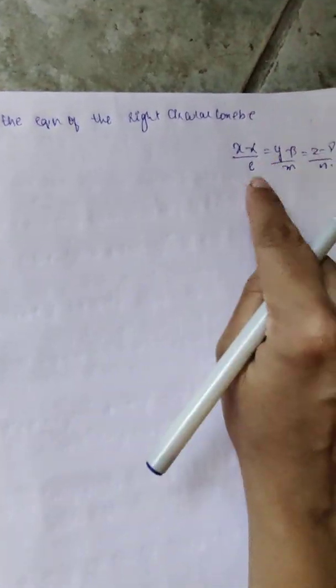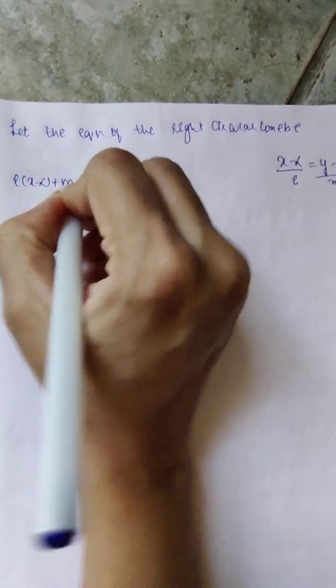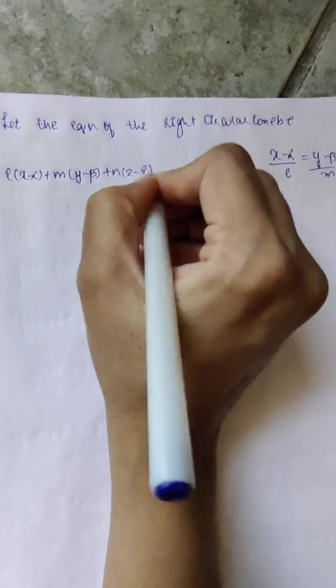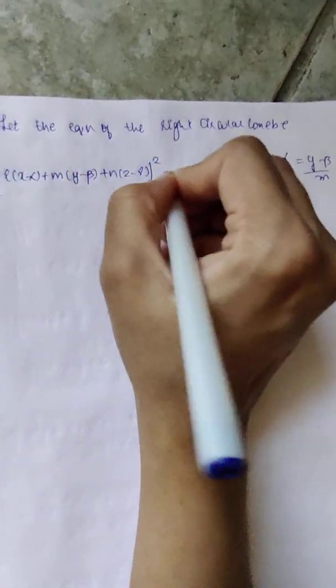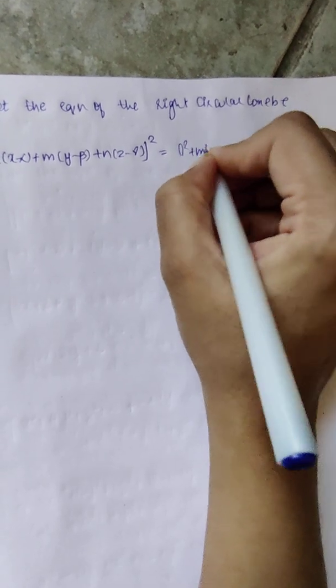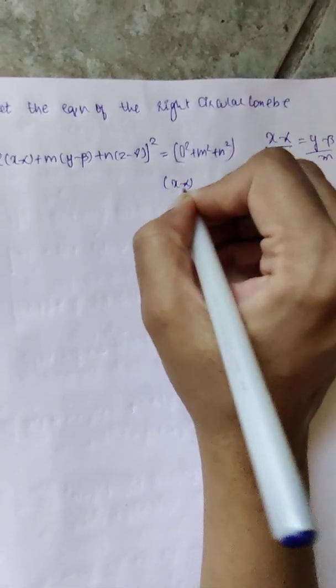Just multiply denominator and the numerator. L into x minus alpha plus m into y minus beta plus n into z minus gamma, whole square. Then I'm going to expand: L square plus m square plus n square, into x minus alpha whole square plus y minus beta whole square plus z minus gamma whole square.